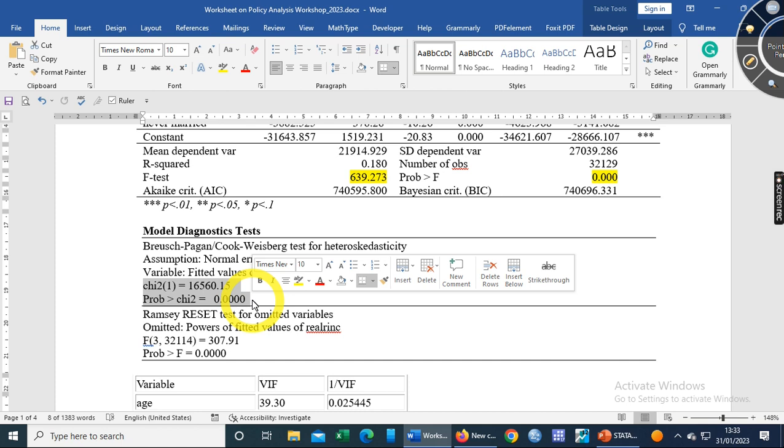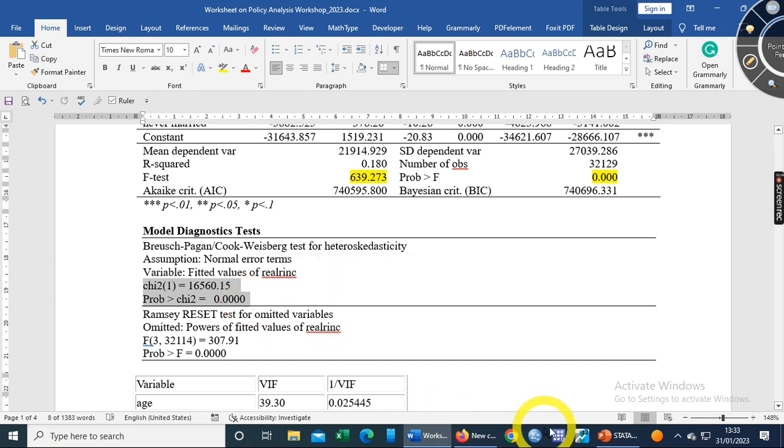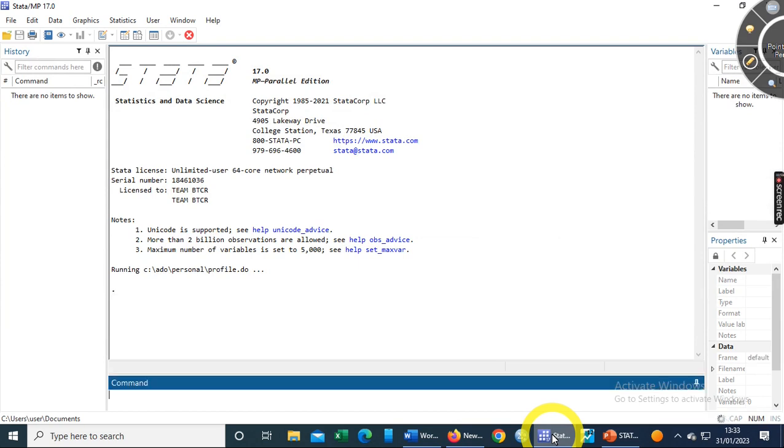But in order to make a decision, you need to know what the null hypothesis says.